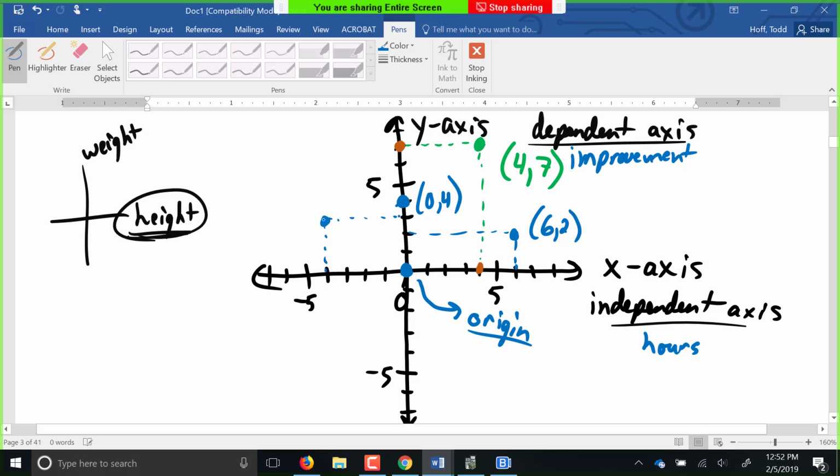How about that one? Negative 4, 3. Perfect. How about that one down there? Negative 2, negative 5. Good. And this one here?